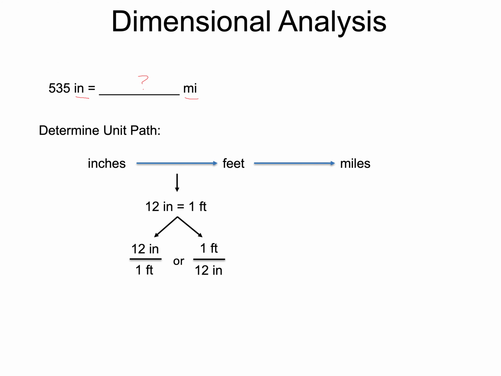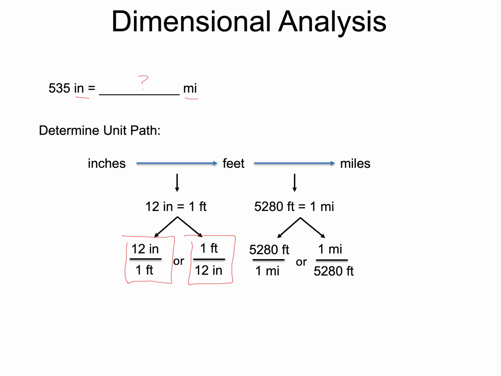How you use this fraction depends on what unit you're going from or to. Either fraction is perfectly acceptable; we will just choose one given our particular situation. And then for feet to miles, we have a conversion factor of 5,280 feet to 1 mile. Again, we'll use these in fraction form.